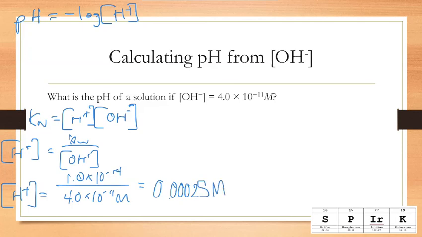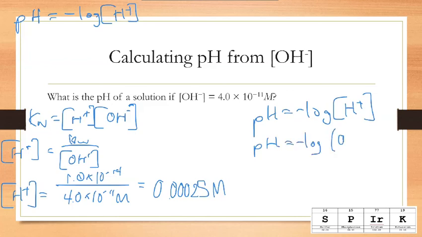And now we can calculate our pH. pH, again, is equal to the negative log of the H plus concentration. So pH equals negative log of 0.00025. And when you type this into your calculator, you get a pH of 3.60.